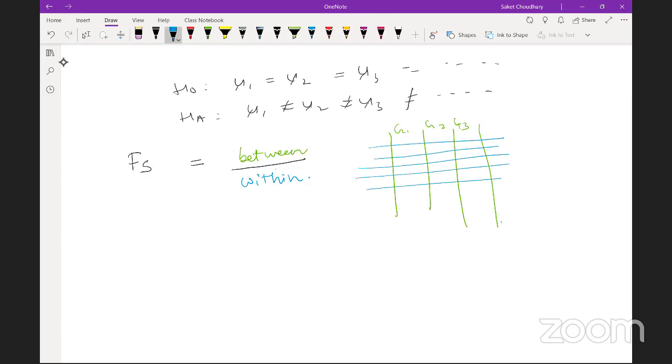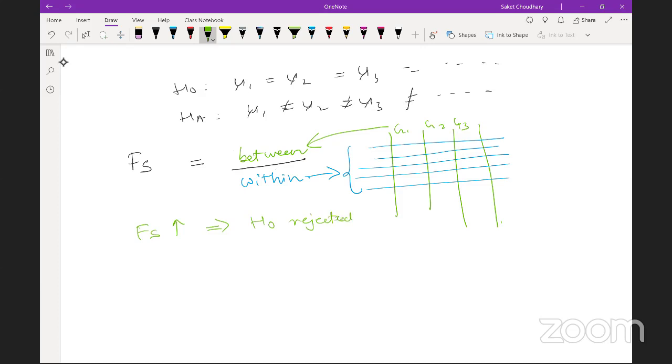So in some sense, you're accounting for how much variation you see within the data, assuming you forget about the groups, and then you ask whether the difference that I see between the groups is high enough or not. And if this ratio, the F statistic, is high, then F_S high implies H naught can be rejected.